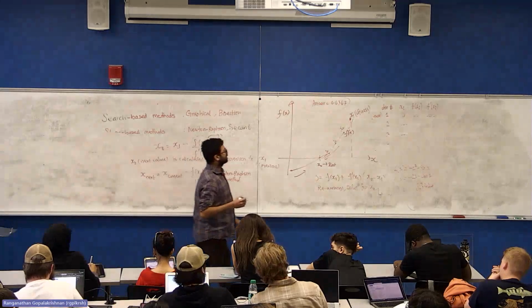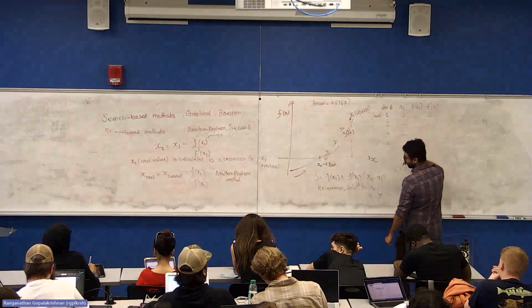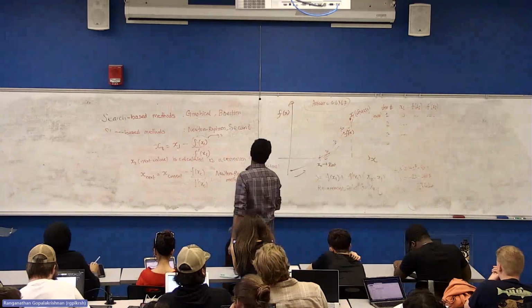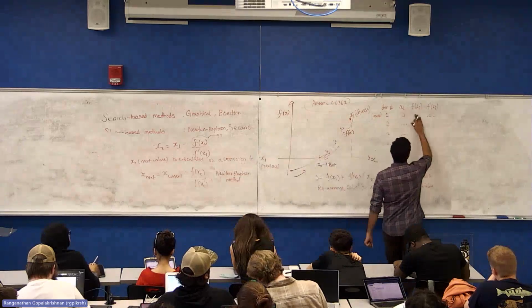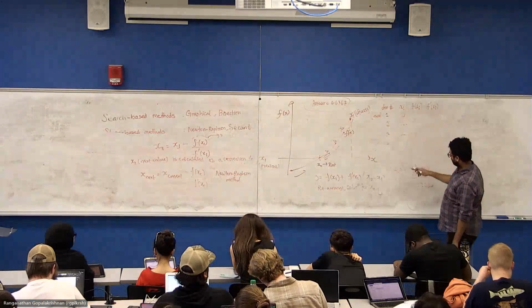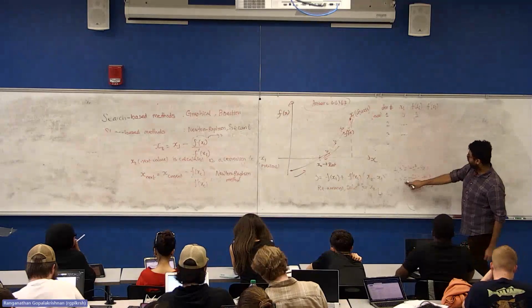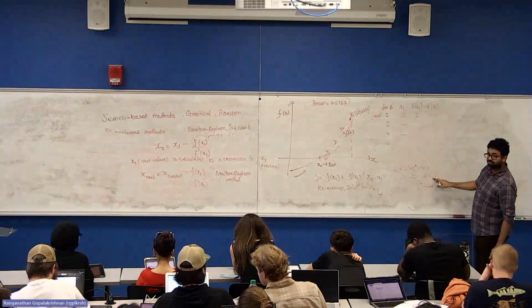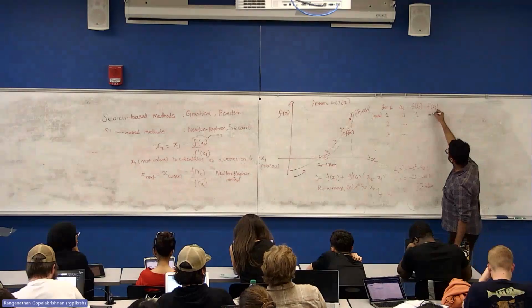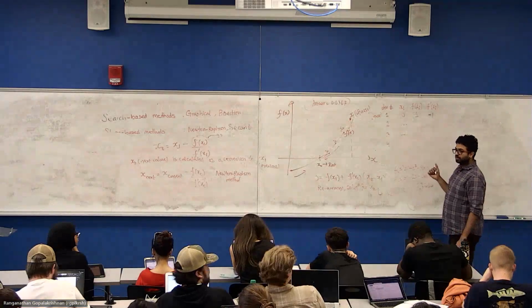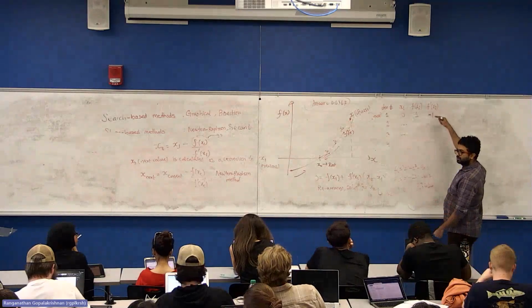Our first guess is 0. What is the value of the function at 0? That is 1. What is the value of the derivative at 0? Negative 1. Madison, are you okay with this?